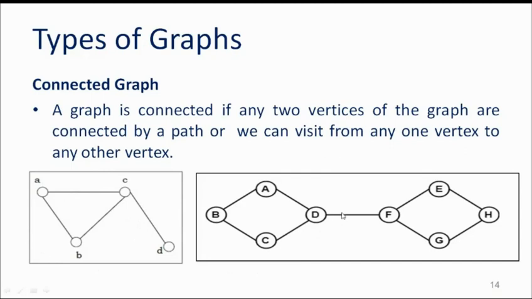Like that, if you remove the edge between D and F, the entire graph will become two subgraphs. From B to H, I want to traverse, so obviously there is a path. If there is a path from any vertex to any vertex, then it is said to be a connected graph.